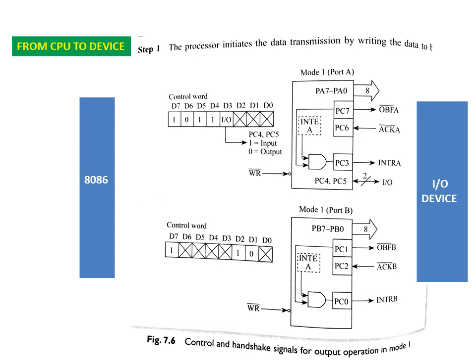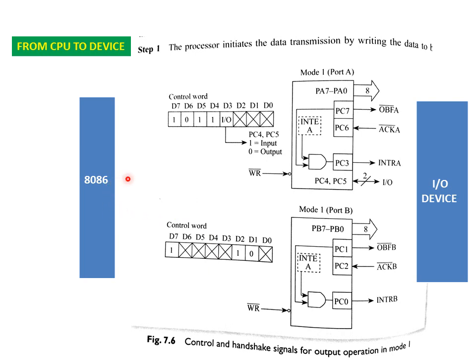Now step 1. Here output means the data is first to be placed in the A register or B register. That's why in the first step the 8086 processor places the data on the port A register or port B register by first giving its address signals.